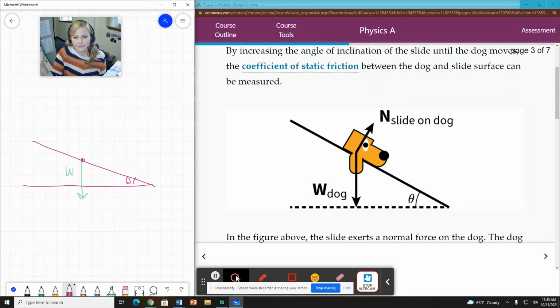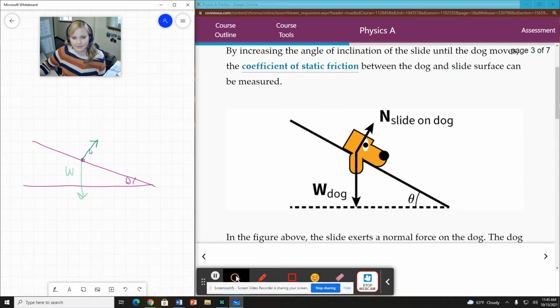So the weight is going that way. The normal force is the part of the weight that acts opposite of the y component of gravity. Gravity, or weight, can be broken down into its x and y components. We do have our normal force. Remember, that's the opposite of the y component of gravity.